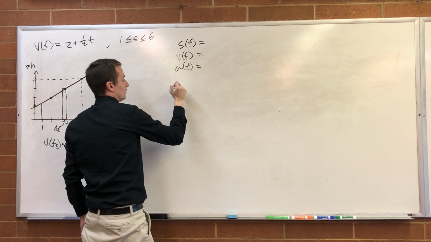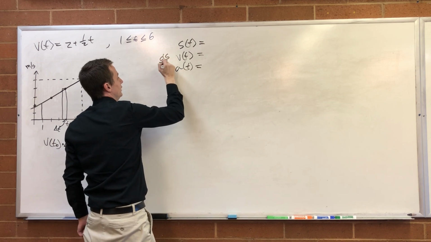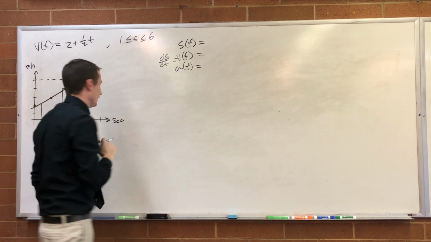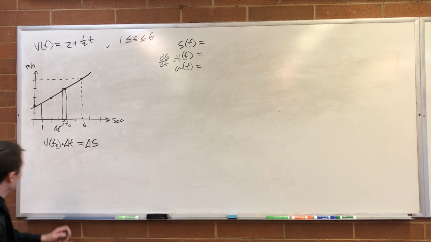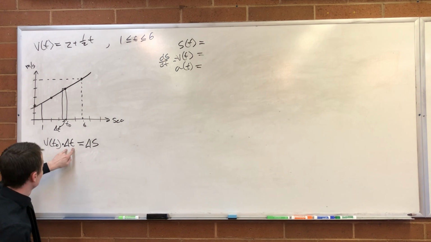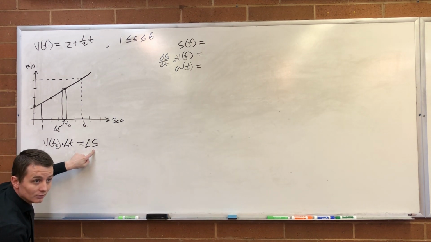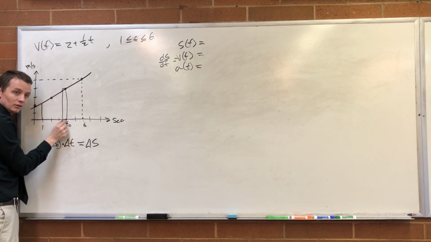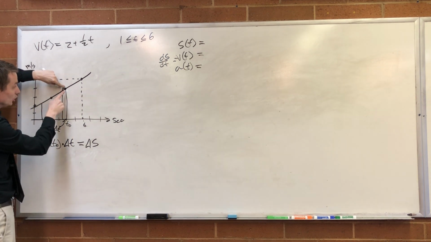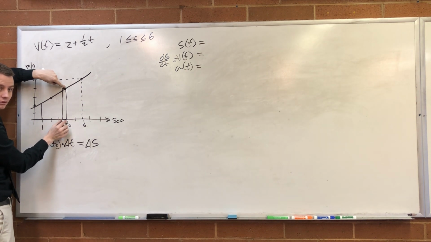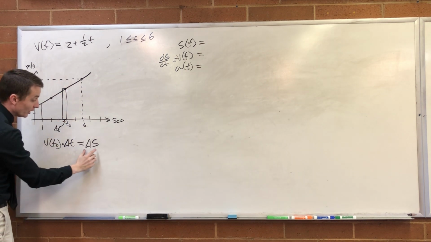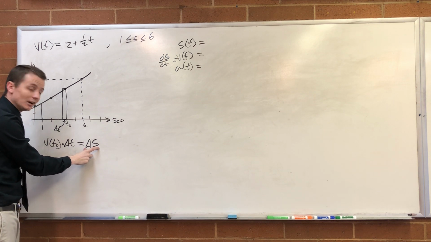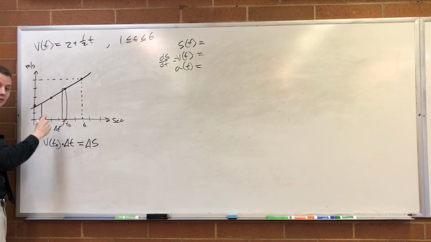And we know that ds/dt is equal to this thing. So notice that velocity times time gives you distance. So on this small interval, delta t, I have approximately this velocity on this whole interval. And so this is approximately the distance I go on that small interval, delta s, which is the area of this thing.